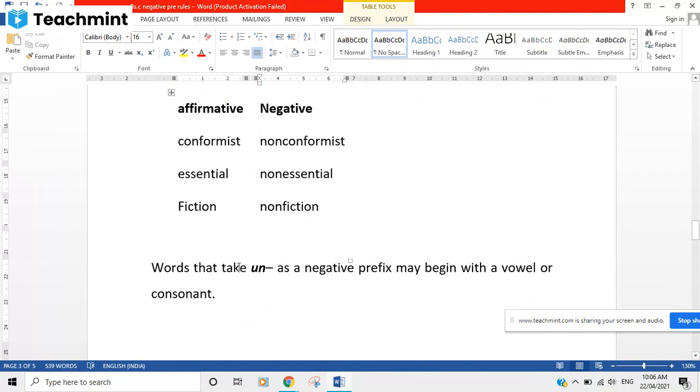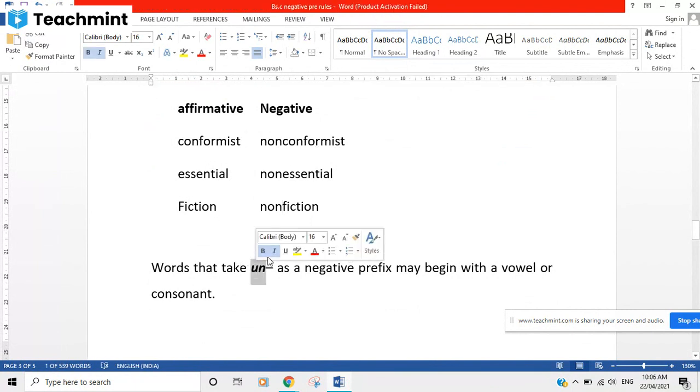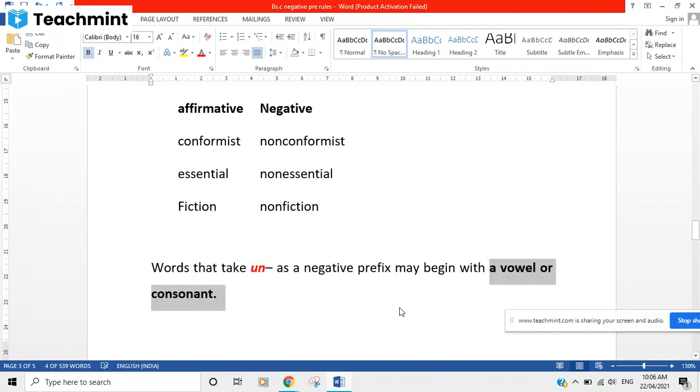No, we never use this before attractive. Okay. We use unattractive. Okay. And fashionable. Sorry. Trust. Okay. Trust, distrust.